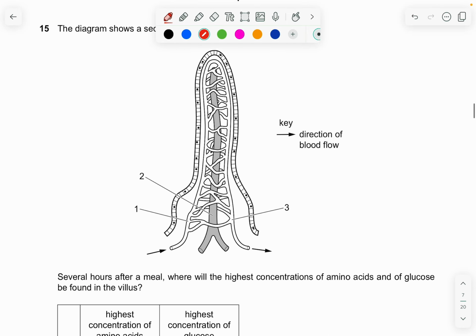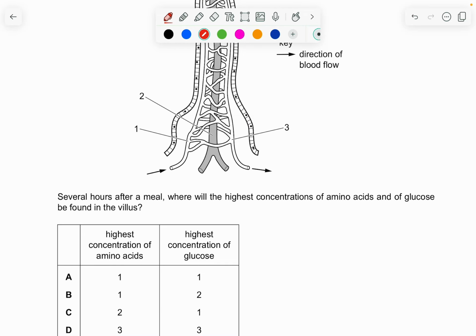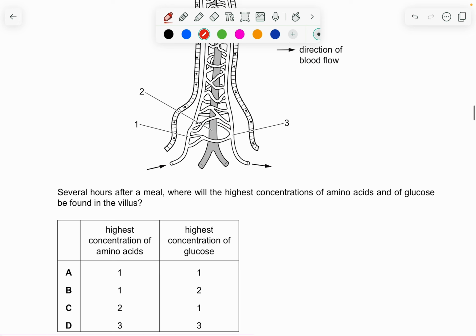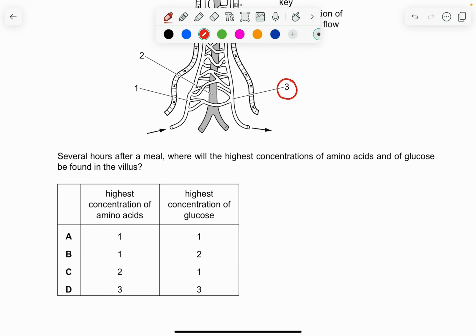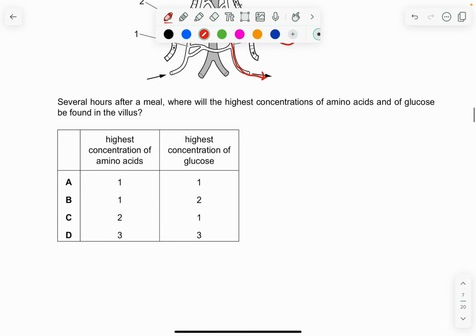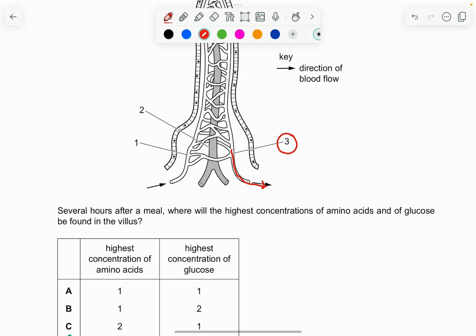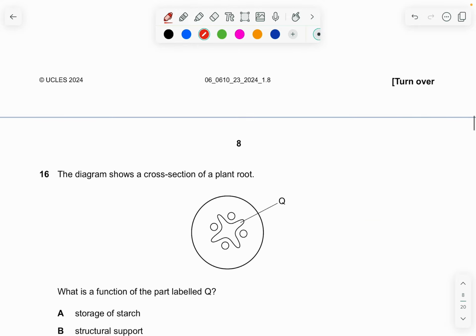For amino acids, you will see them in number 3, because that is where everything has been broken down and is going back to the body. Highest concentration of glucose is also at 3, because everything is going to be sent back to the body, to the bloodstream. If they ask for the highest concentration of fatty acids, it will be number 2, because 2 is the lacteal. This is how you answer this question.